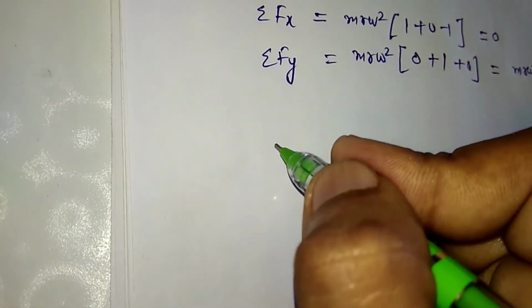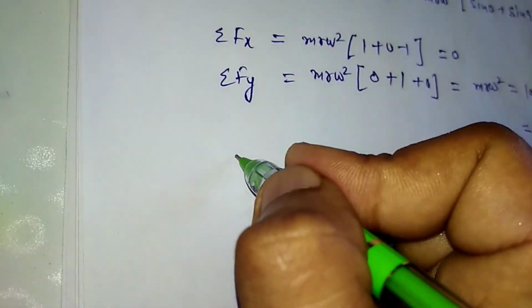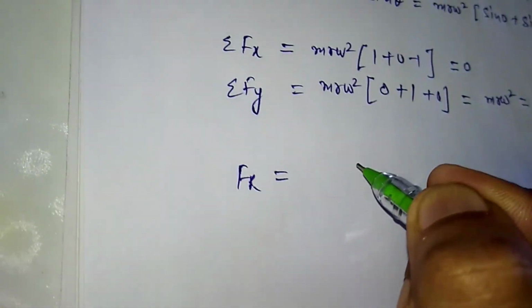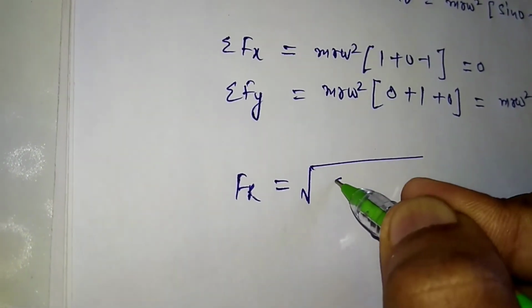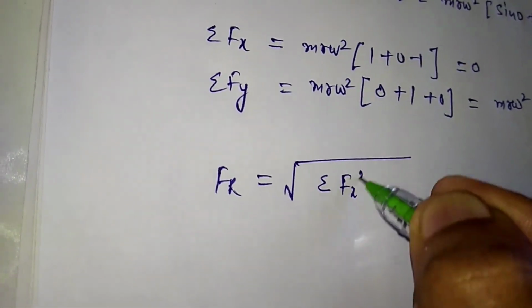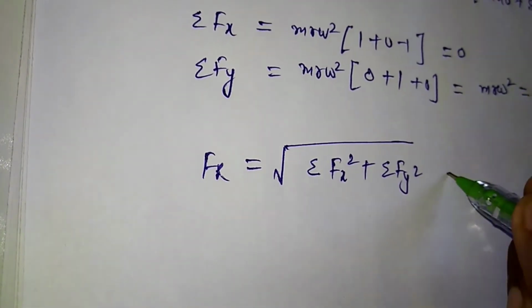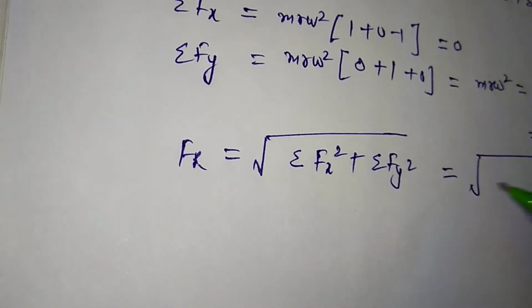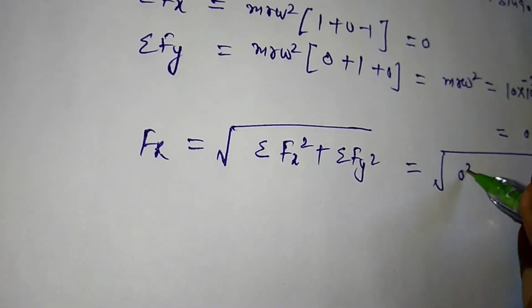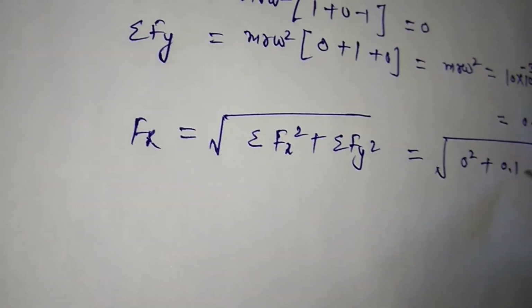The resultant unbalanced force Fr will be equal to the root of summation Fx square plus summation Fy square. So this will be the root of summation Fx, which is 0, square plus 0.1 square.